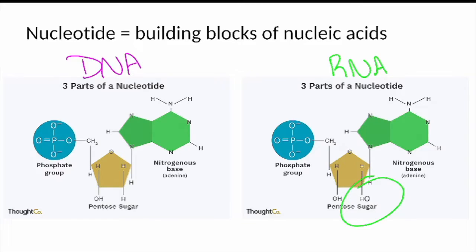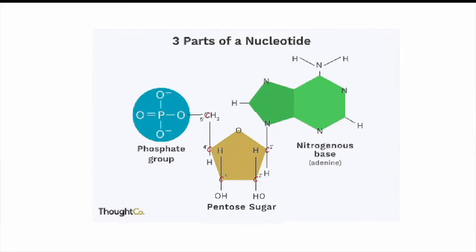I bring this up again, hopefully you're sick of hearing it, because it's going to be important to what we're talking about today when we're talking about how to extend a strand of DNA. The three parts of a nucleotide are the same for both DNA and RNA.